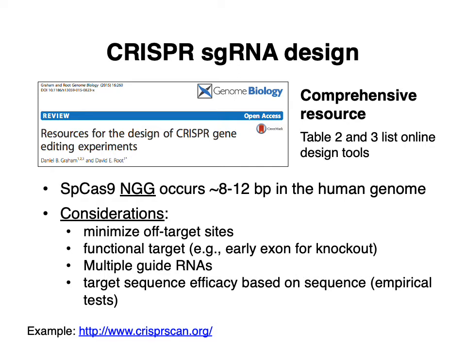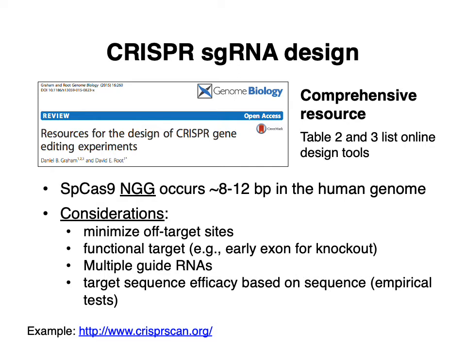Something that's a little bit less obvious is considerations with respect to target sequence efficiency. What that means is that, suppose you want to target a given gene with two different guide RNAs, even if both guide RNAs have no off-target effects and both have perfect complementarity to the same gene, they can make cuts with different levels of efficiency.